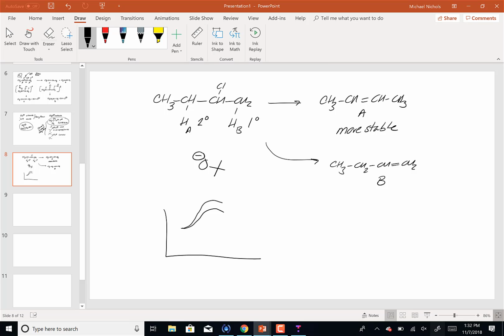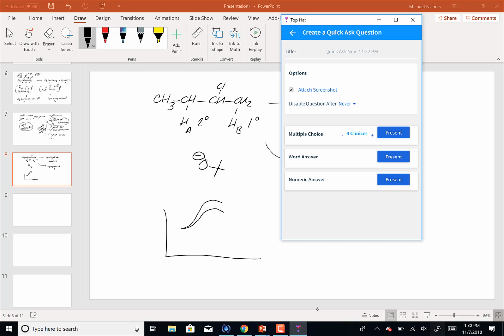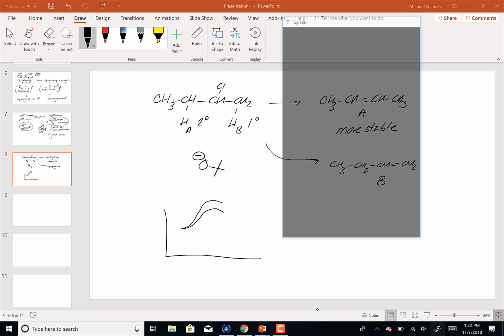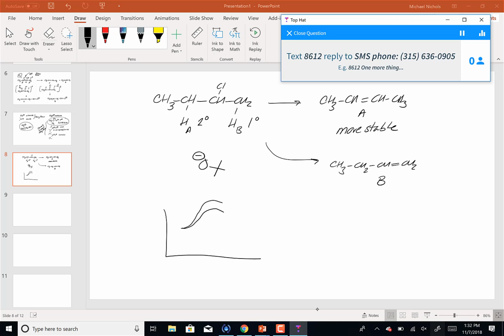But which one of those two transition states, when tertiary butoxide pulls off HB or HA, which one of those is going to have the lowest energy? So your choices are HA or HB. Which transition state is going to have the lowest or the lower energy?